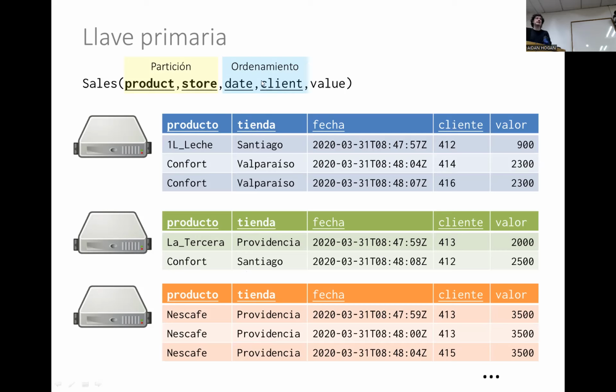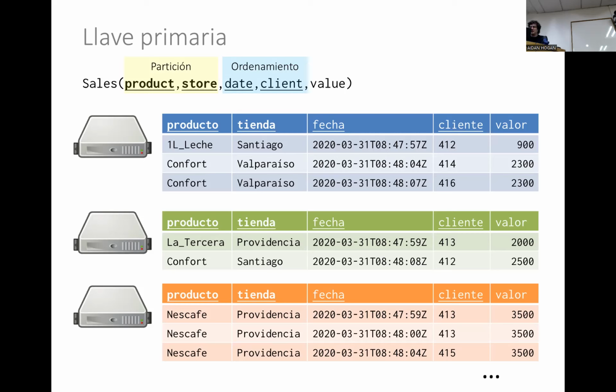We can sort the data in a particular way. So we can sort the data here, for example, by date and by client. We're going to order by date first and then by client. Based on this, Cassandra allows you to answer certain types of queries or questions. Based on this key, we have to specify the partition key, the full thing, because Cassandra needs to know on what machine the row is.